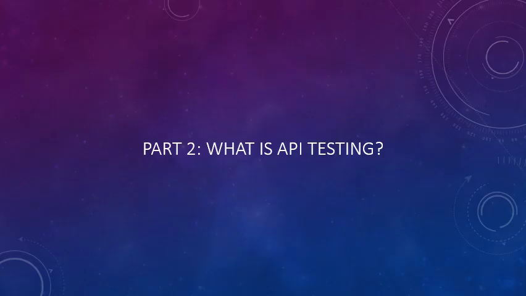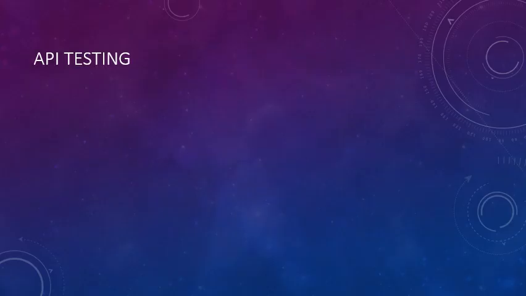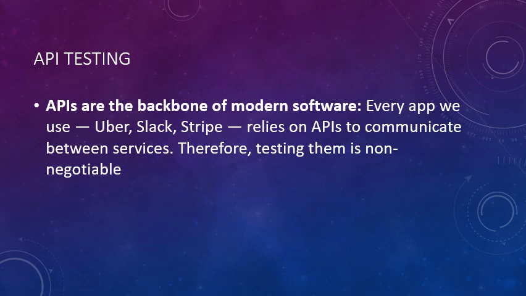Moving on to part 2, what is API testing? Before we open Postman, let's quickly establish what API testing actually means. An API, or application programming interface, allows different software components to communicate with each other. They are the backbone of modern software. For example, imagine we have a web application that needs information about a user.